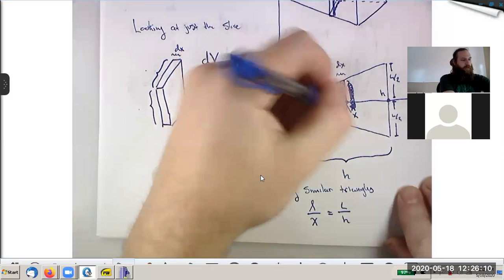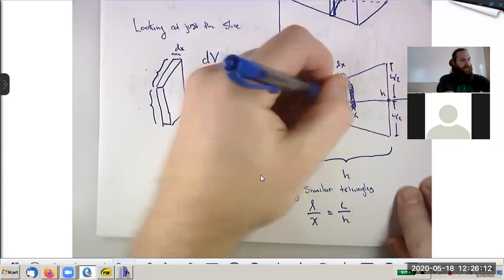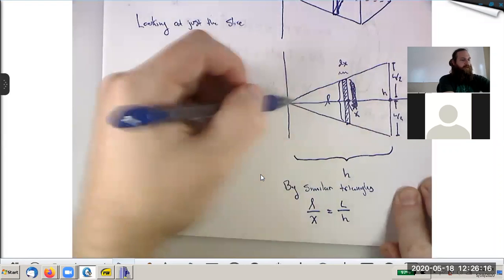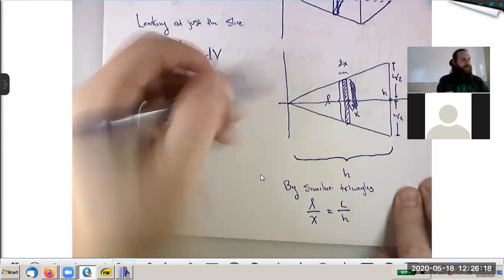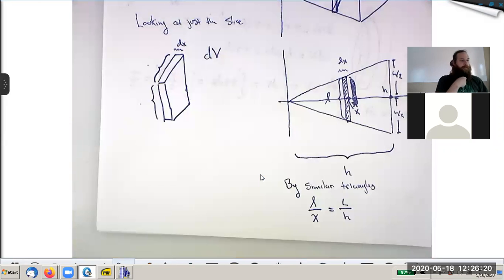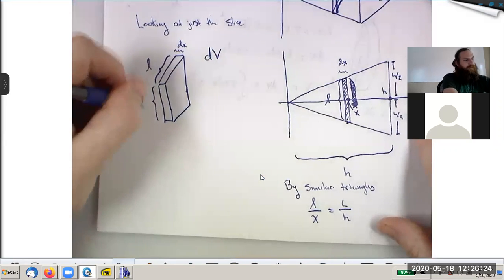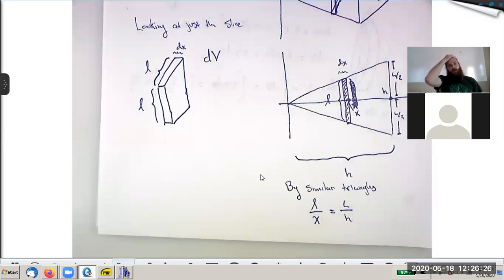That's this over this, which is l over x, is equal to this over this, which is big L over h. So remember, this is little l, this is little l, because that cross section has to be a square, even though my art is bad. And now I've got a formula for little l.